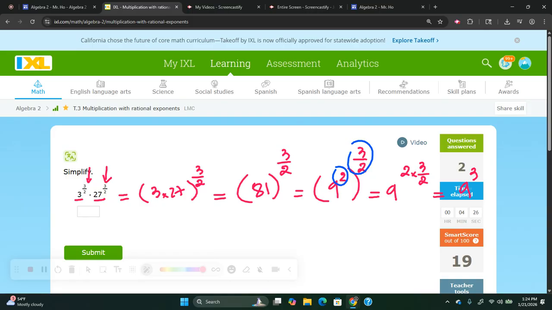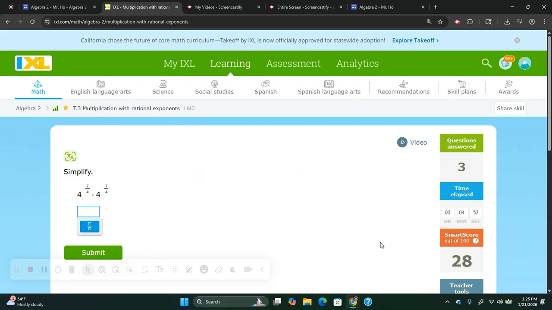Here we go. So I use my calculator here. 9 power 3 will be 729. So I put my answer is 729. Voila. Here we go. 729. Okay. All right. Next problem.